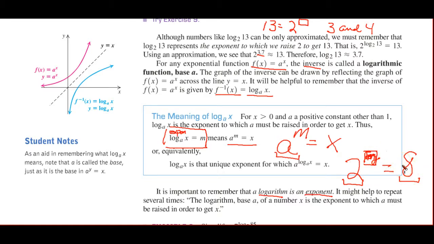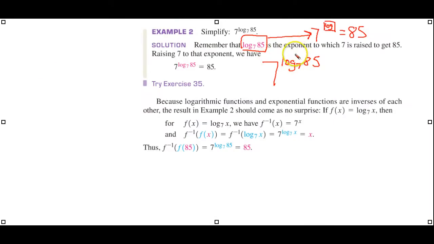All right, let's try some examples. Now for example 2, as we look at it, let's see if we can analyze it a little bit. Here they're saying to simplify this. Well, keep in mind this part right here, in a sense, we're wondering for our base 7, what is the log, which is an exponent, that will equal 85.